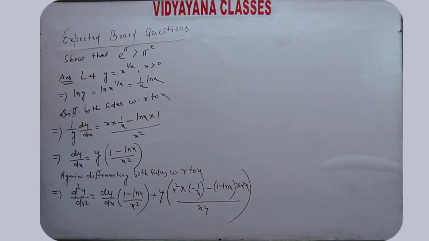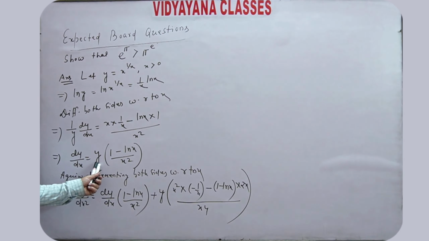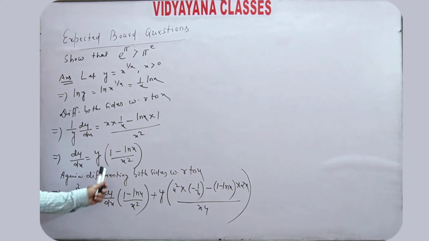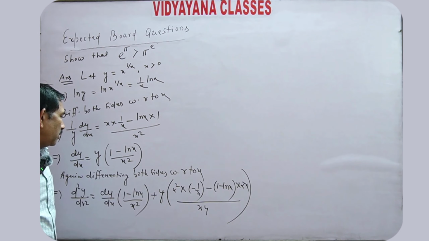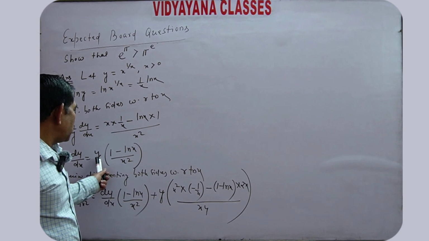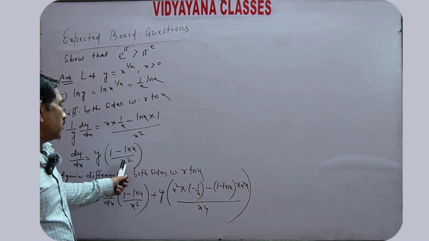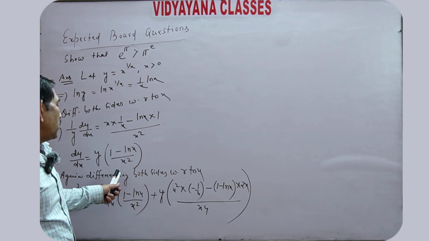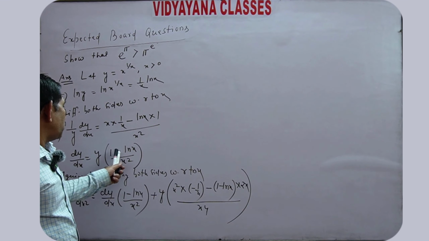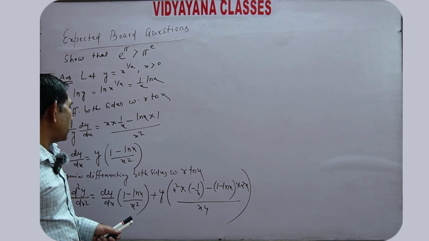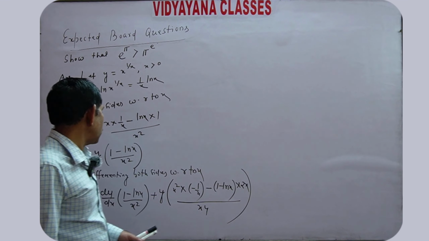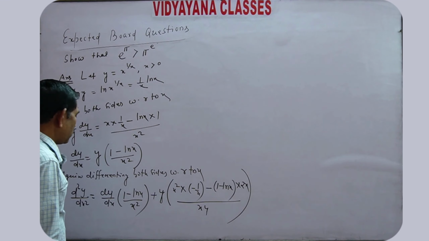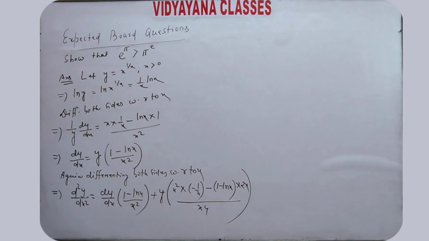Clear? V into derivative of u, that is dy by dx, plus u into derivative of v, that is x square into 0 minus 1 by x minus (1 minus ln x) into 2x divided by x to the power 4. Clear?